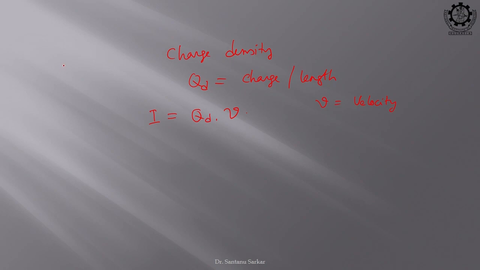What we have considered is a unit chunk of electrons, and because of the lateral field that we are providing at the drain terminal, it feels an attraction in this direction and moves at a velocity v, say v meter per second.